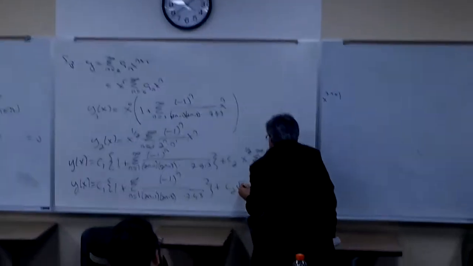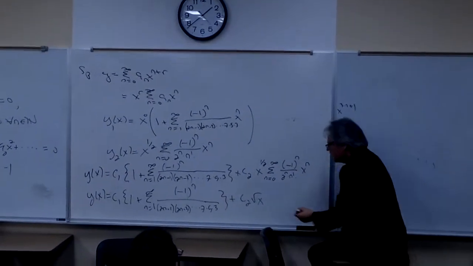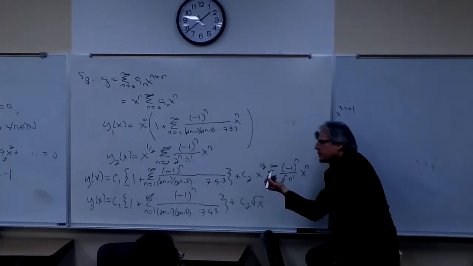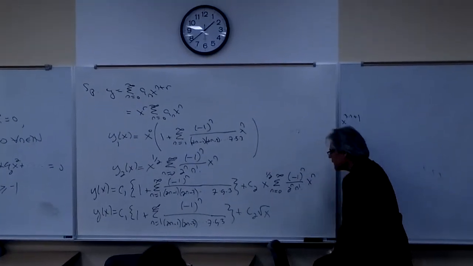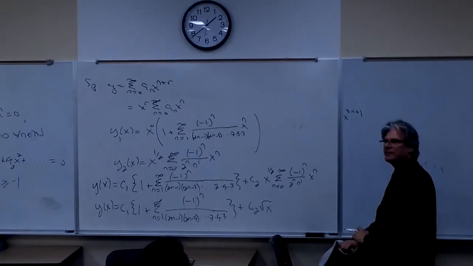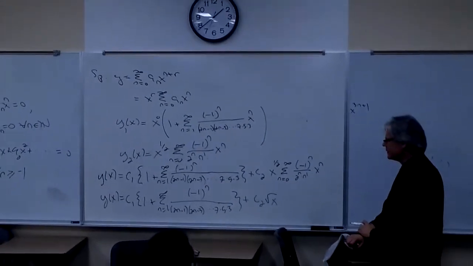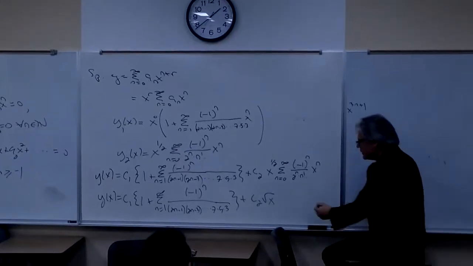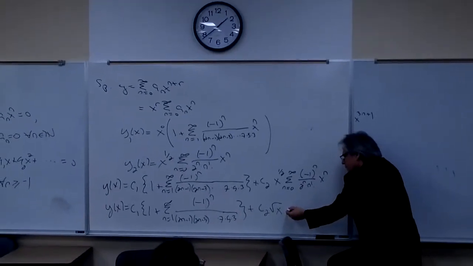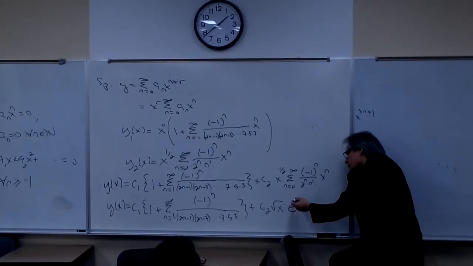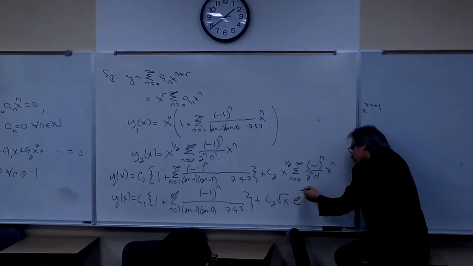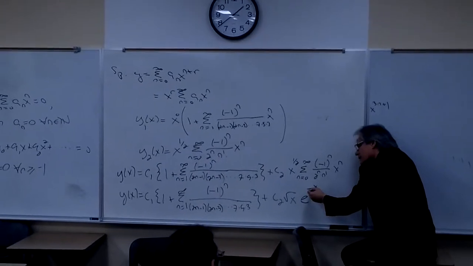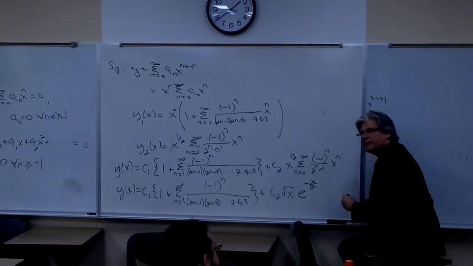And it must be the C2 business. Say it. I didn't hear that. Negative x times root, negative x over 2. Very nice.